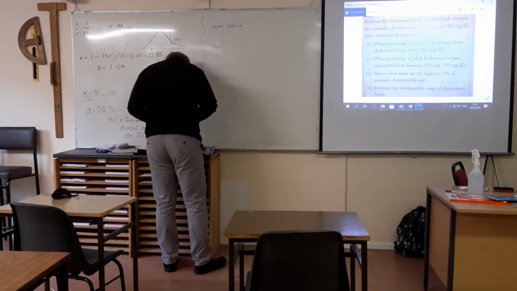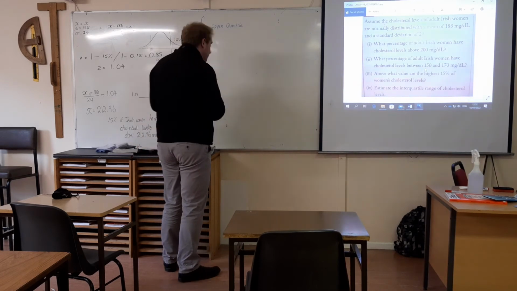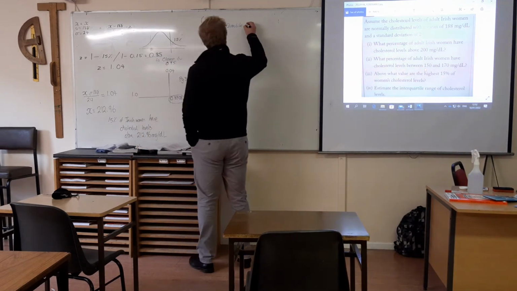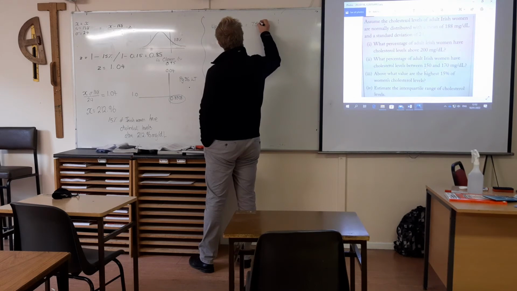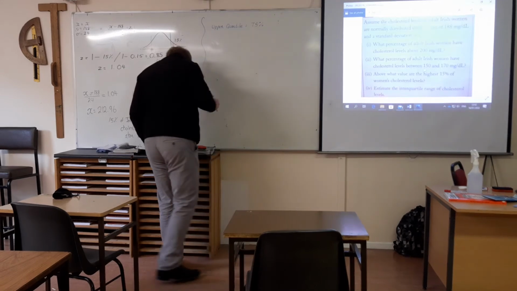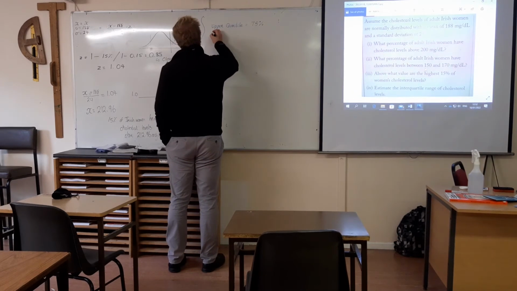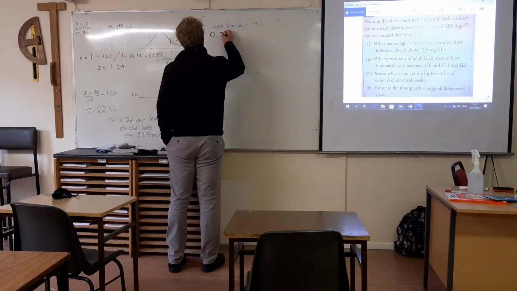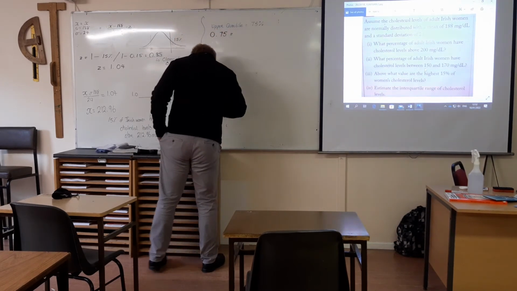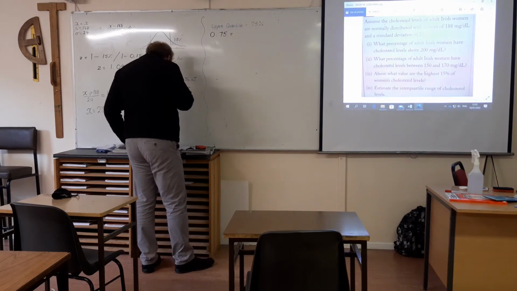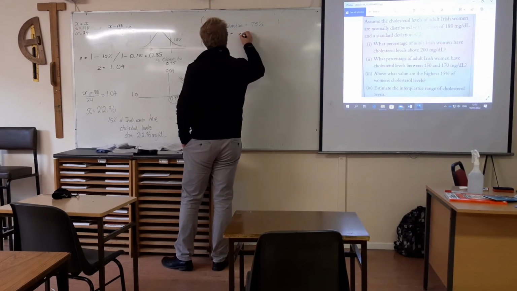The upper quartile will be 75% of the data, so we're looking for a number that best represents 0.75 from the z tables. And what we're getting there is 0.67.